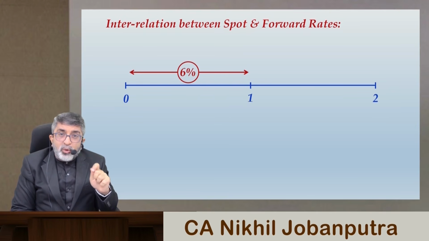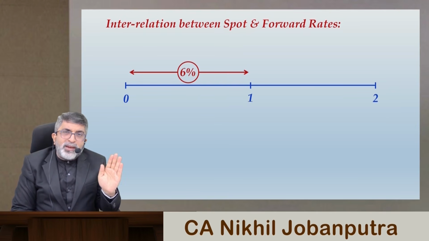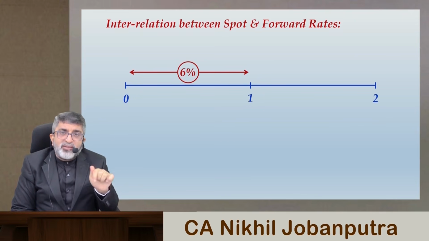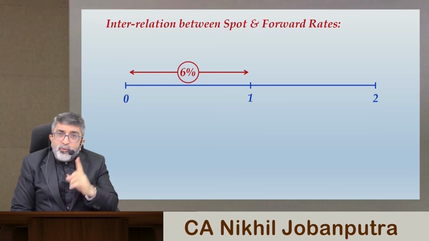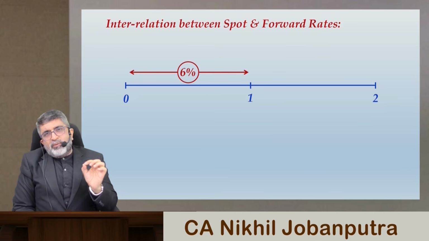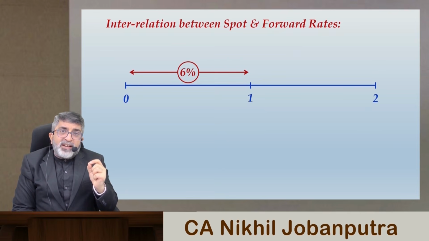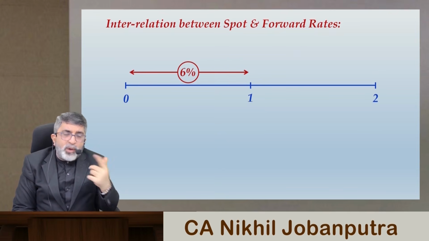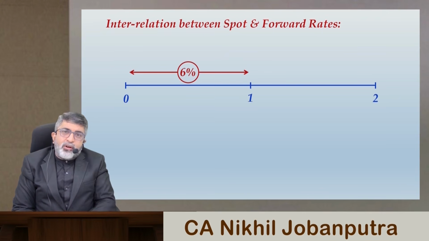When it is a 1 year loan starting now, it cannot be a forward rate. Starting now has to be a spot rate. That means this is definitely the 1 year spot rate. We symbolize spot rates as either S1 or Z1, depending upon what kind of variables you prefer using.